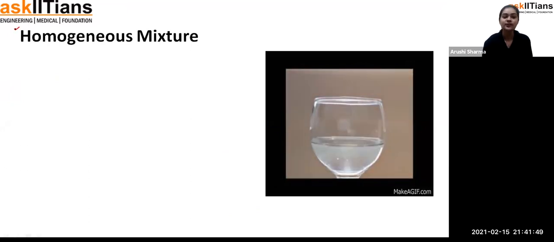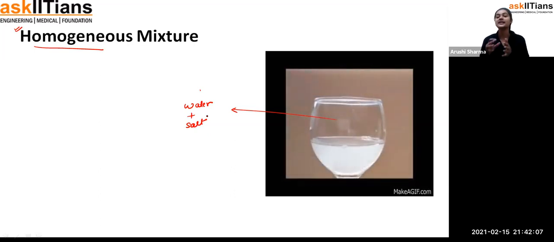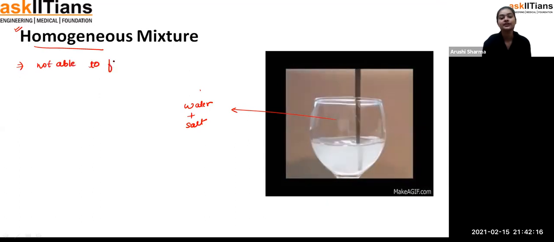Now in the homogeneous mixture, student, in this picture the person has taken water, so water is there. In this water we are adding some salt. Now when you add salt into it and stir it, what will happen is that the salt will get dissolved into the water, and when the salt is completely dissolved, you will not be able to find out what component you have added.